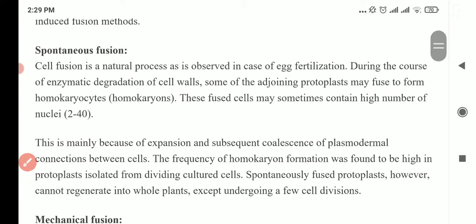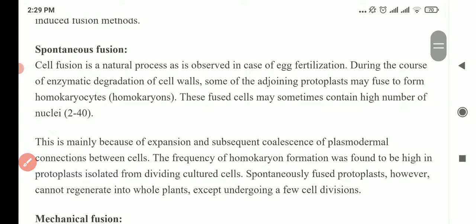The first method, spontaneous fusion, is a natural process which we see in egg fertilization. When the enzymes degrade the cell wall, some of the protoplasts may fuse to form homokaryocytes.